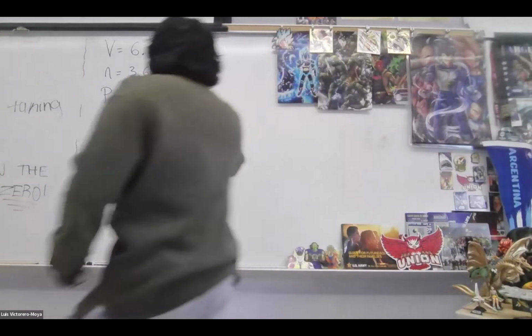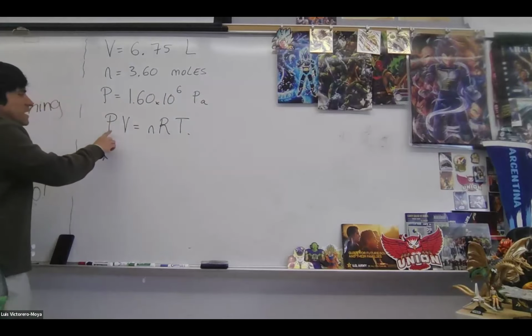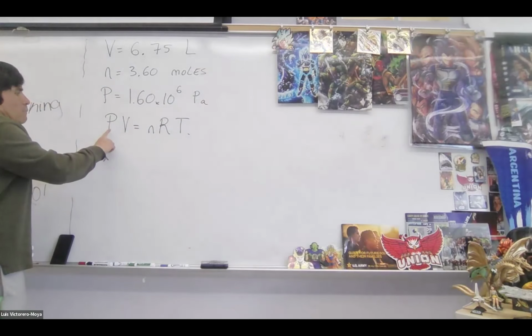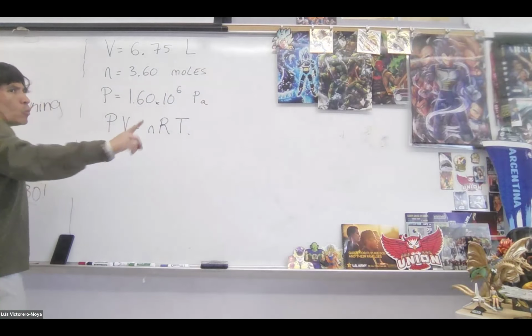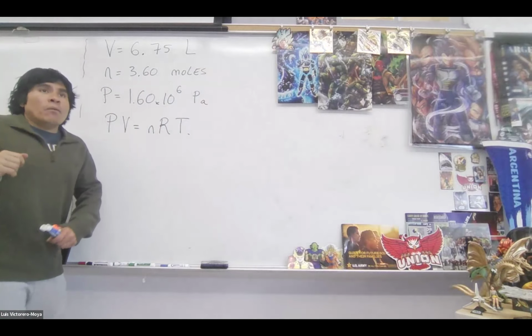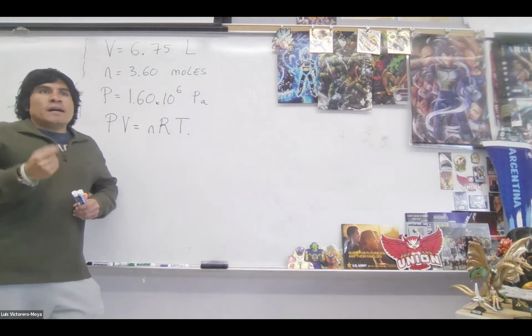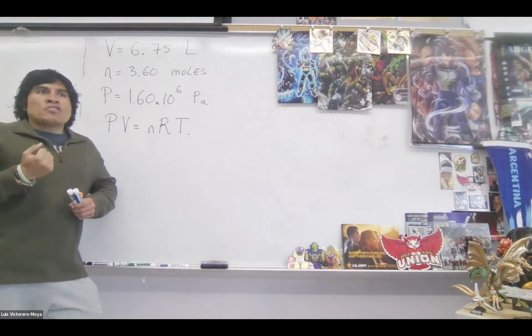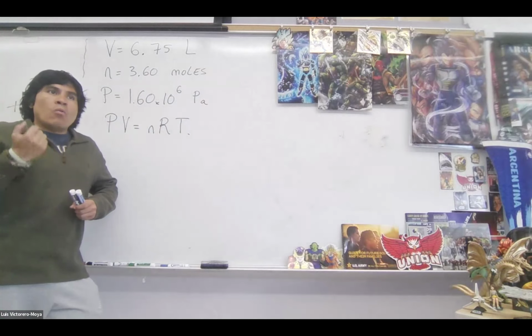So my pressure is in Pascal, and the volume has to be in meter cube. Pascal times meter cube will give you units of joules. PV, we're going to learn in thermodynamics, is an equation that we're going to use for work, and work is measured in joules.